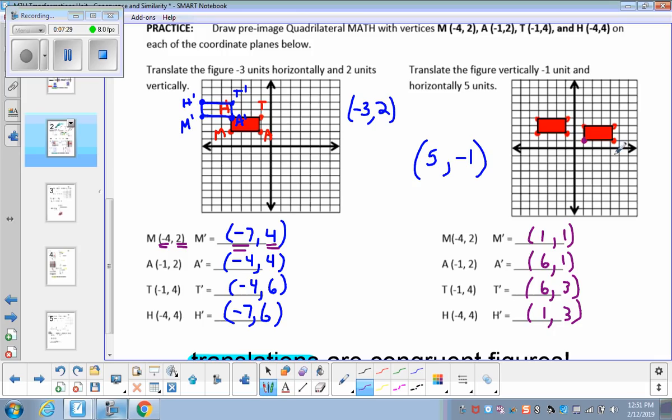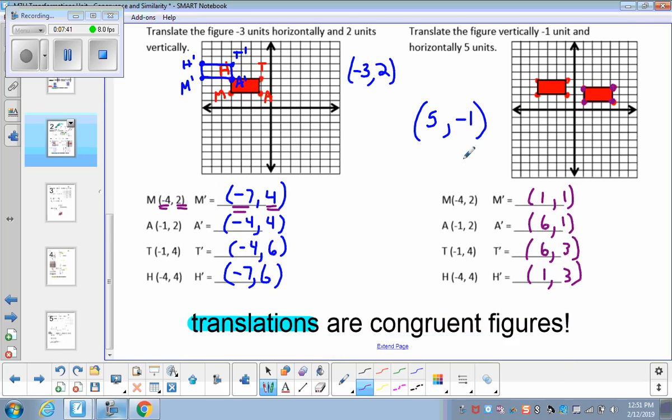A prime is over 6, up 1. T prime is over 6, up 3. And H prime is over 1, up 3. Translations are also congruent figures of each other. It's a shape that's the same size, it's just in a different spot. That concludes the video on translations.